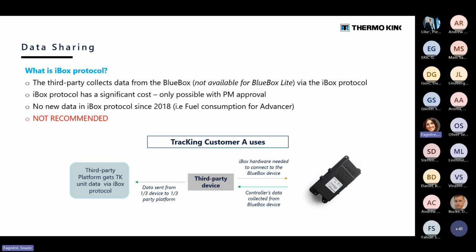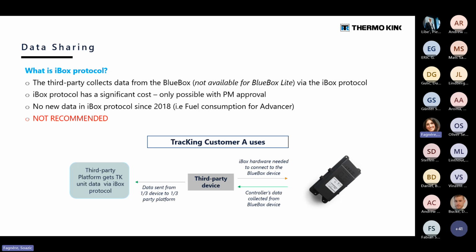With the iBox protocol, they have to buy an additional harness, and they also have to buy a third-party telematics device. So they have extra cost anyway for having that setup, right? When you go to the web service integration, it all goes through the Blue Box. The Blue Box is already there. You just activate it.